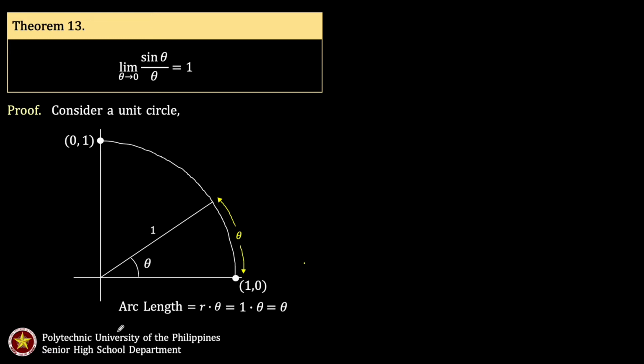Next, let us construct an imaginary vertical line labeled as blue in this manner. Notice that a right triangle has been generated. Our goal is to find the measurement of this vertical line, and let us represent this as variable letter y. Now, to determine the value of y, let us use one of the 6 trigonometric functions, and that is sine theta. Recall from your trigonometry class that sine theta is equal to opposite over hypotenuse.